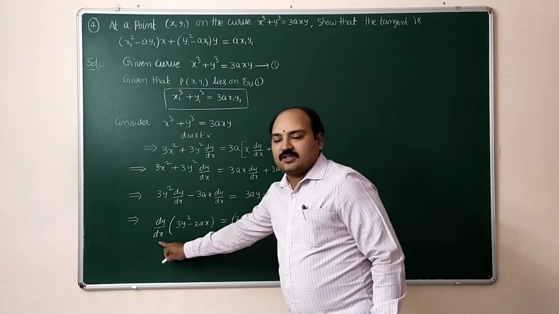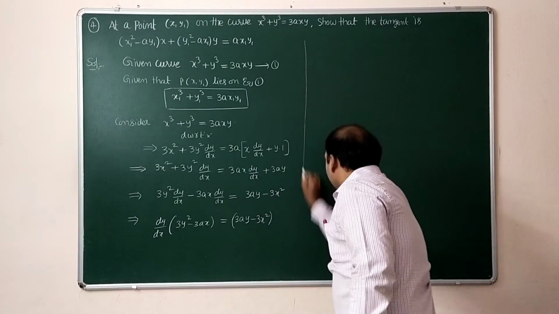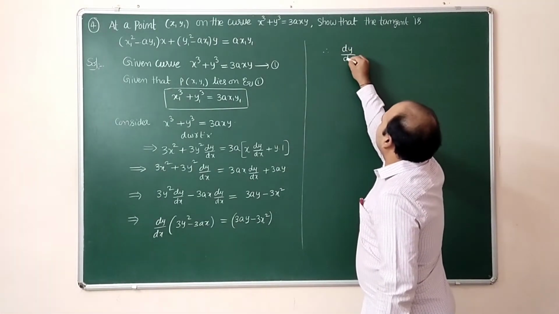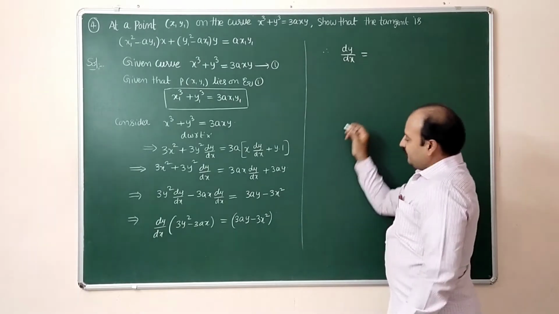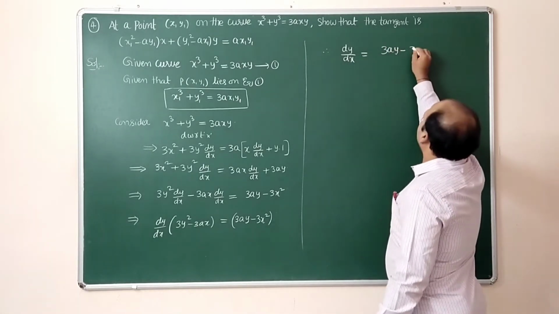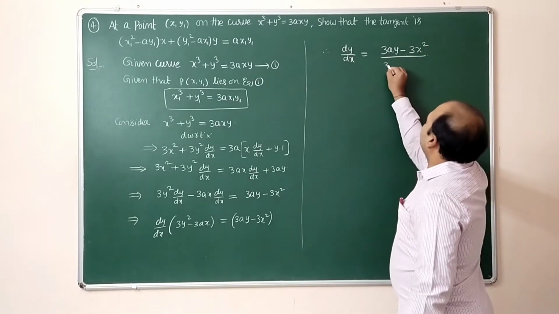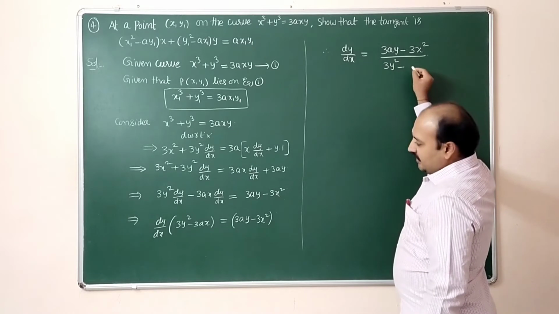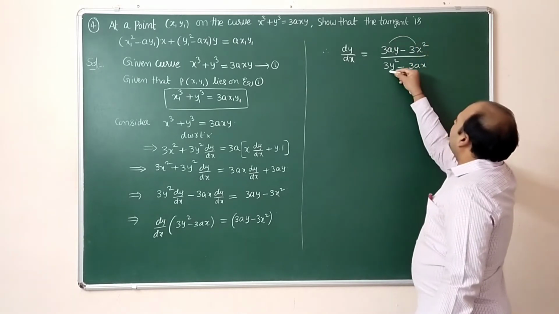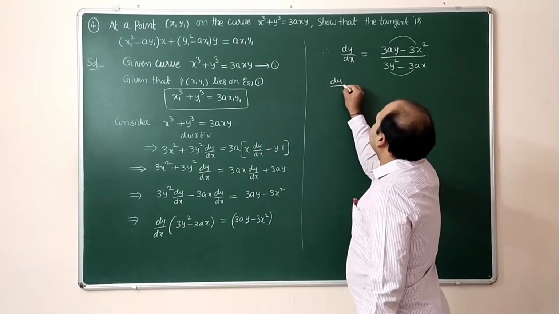But I want dy by dx, so make dy by dx the subject. Therefore, dy by dx equal to 3ay minus 3x square divided by 3y square minus 3ax. Now from numerator and denominator, take 3 common and cancel.